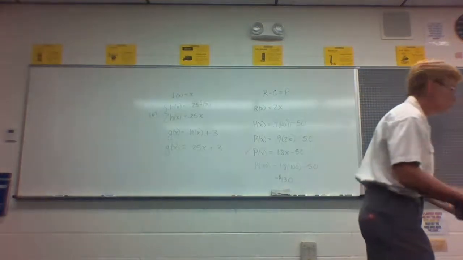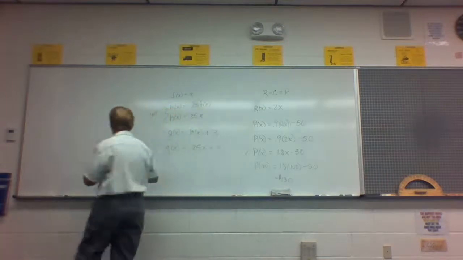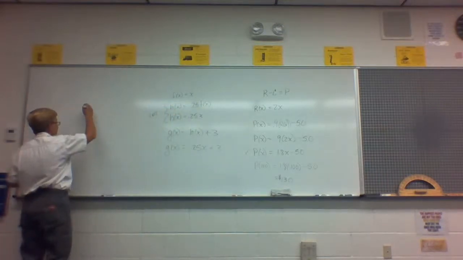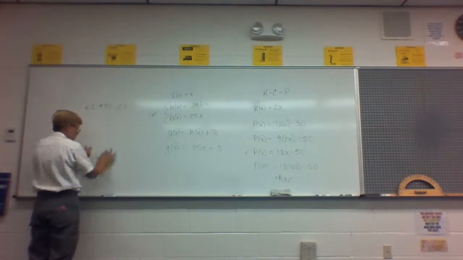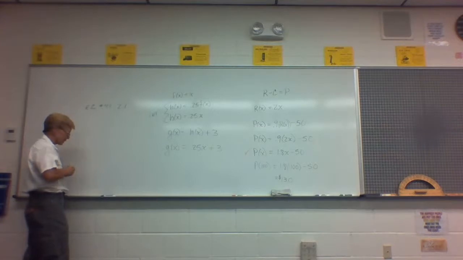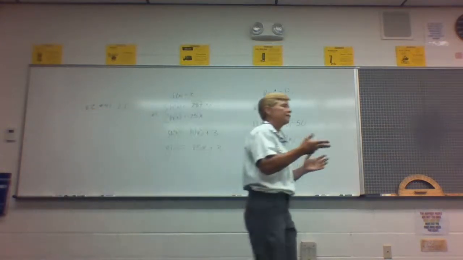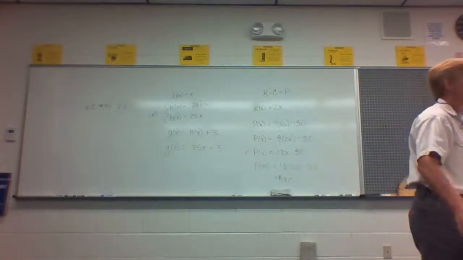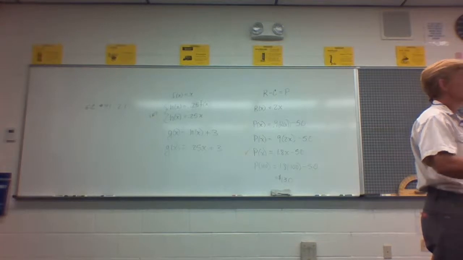The only thing I want to see on that paper is number 41. You would write somewhere on it, extra credit, number 41, section 2.1, and then show me your work. You have to show me how you came up with it. You can't just give me an answer to get credit. If you're right, I'll add 2 or 3 points to your percentage on your next test. But you have to turn it in before test time.